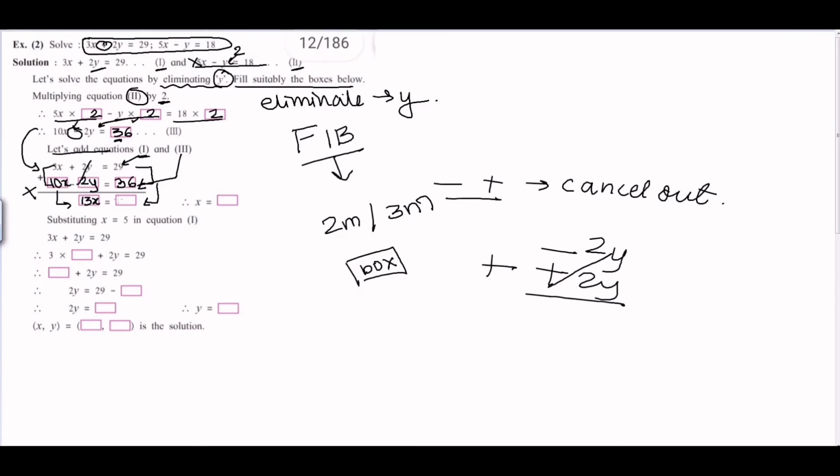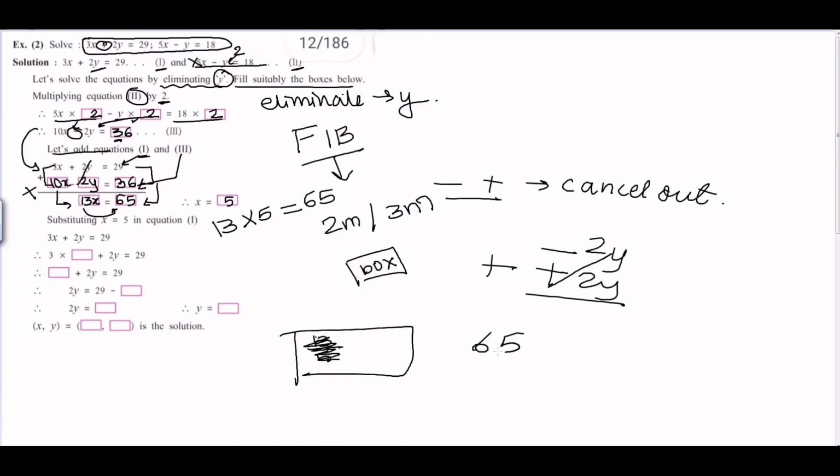Now 29 plus 36, when we add both we will get the answer as 65, and now 13 is multiplied with x, so when we move it, it will become 65 upon 13, so it will get divided and we will get the answer as 5. Because 13 into 5 is 65, therefore x will be equal to 5. Okay, till here no problem, right?